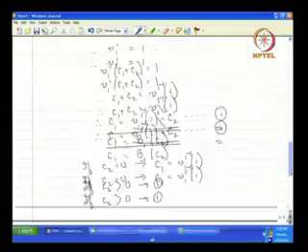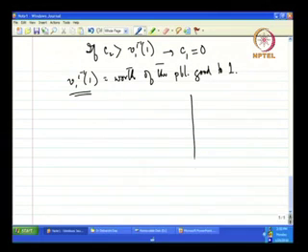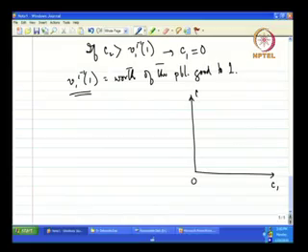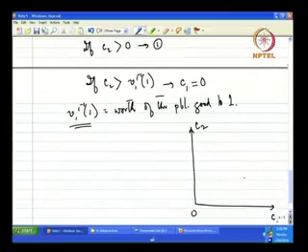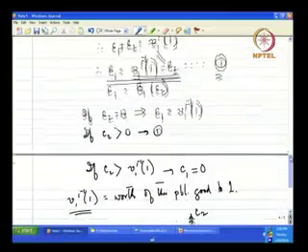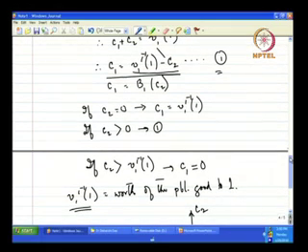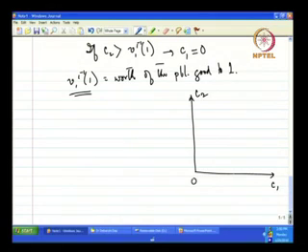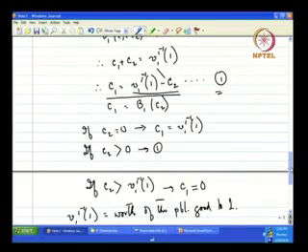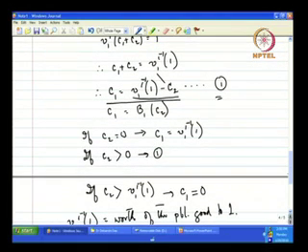So, how does it look in the diagram? Suppose this is C1 and this is C2, these are the two axes, and how to represent this equation 1? If C2 is 0, C1 is V1 dashed inverse of 1, and if C1 is 0, then C2 is of the same value, V1 dashed inverse of 1.